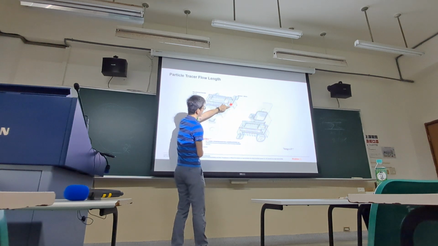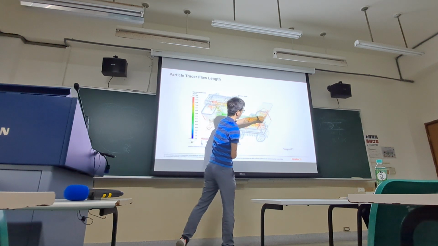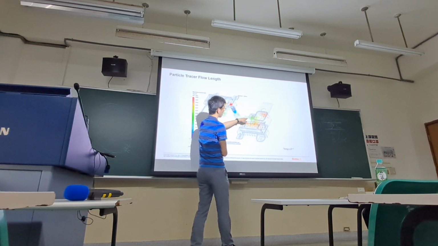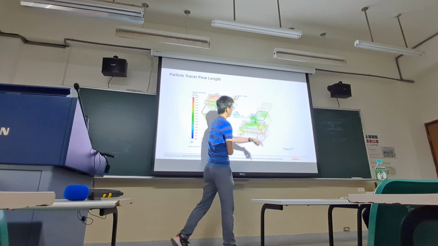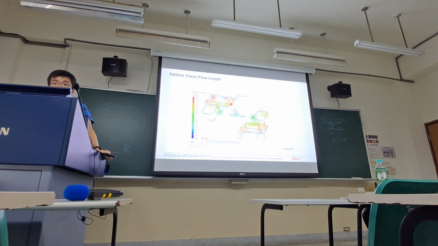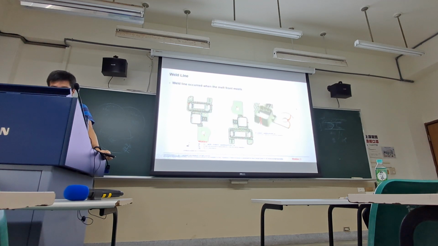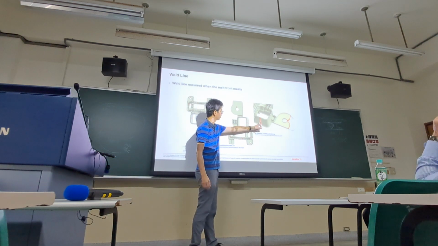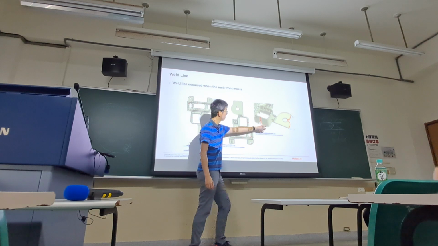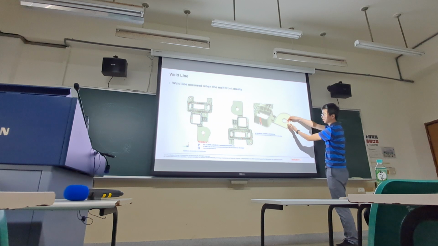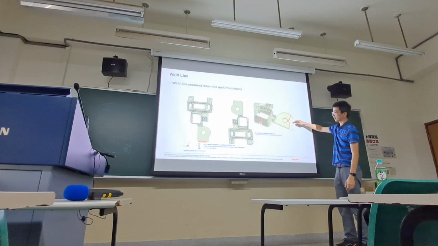So the first one you input is the red one, so you can know how long it takes and how this particle goes into this region. And then you can identify the weld line, the two melt fronts meeting together. See? So this is the meeting line.